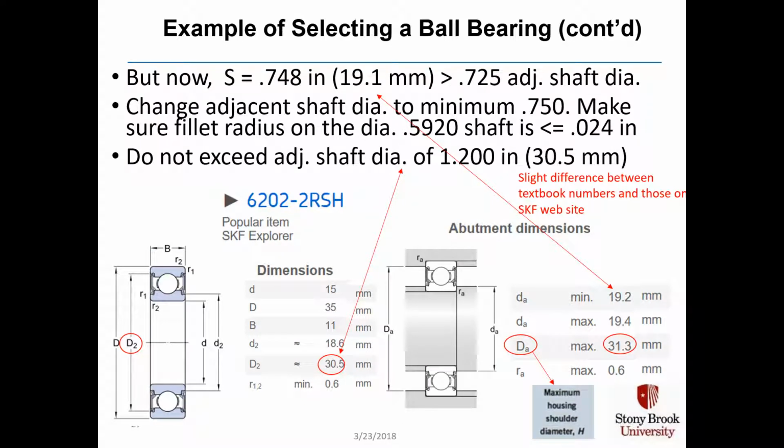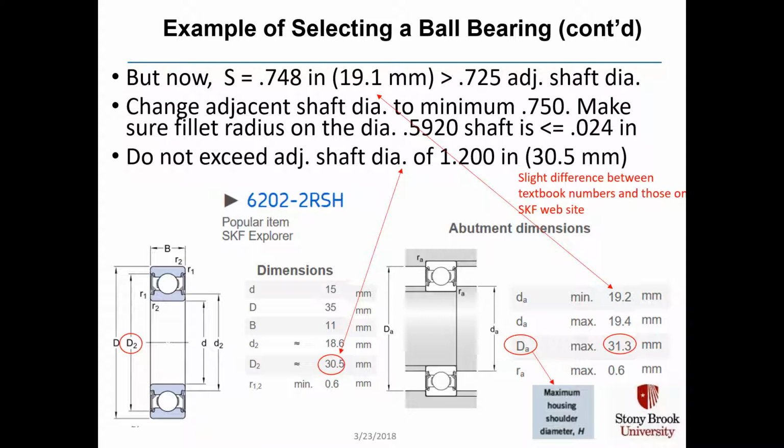But now we got our next problem. S, which was the minimum shaft shoulder diameter, is equal to 0.748 inches, which is 19.1 millimeters, and that's greater than the 0.725 inches for the adjacent shaft diameter. And what I'm doing in this photo here at the bottom is I pick the bearing 6202 dimensions off the SKF website, just to show you that the numbers that we have in our textbook are extremely close, but there is very, very minor variance from bearing manufacturer to manufacturer.